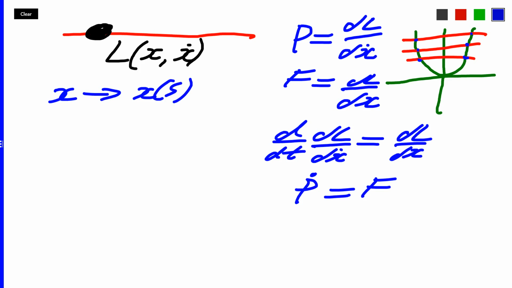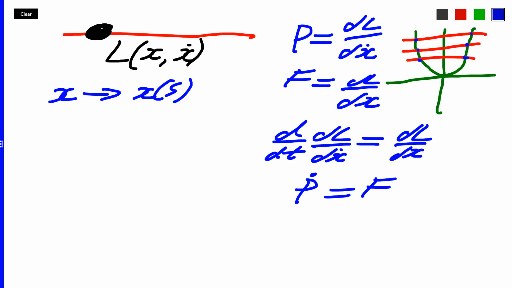So all the x values we send to a new x value, which is a function of s. Cool. If we do that, we make a new function related to the old.